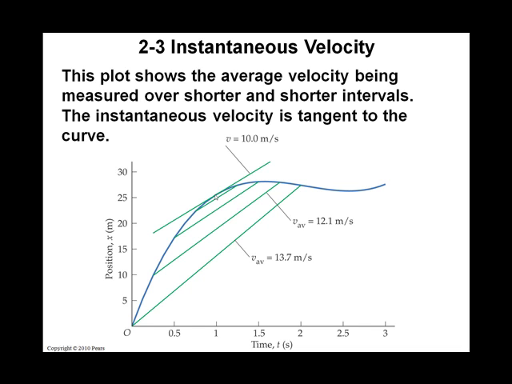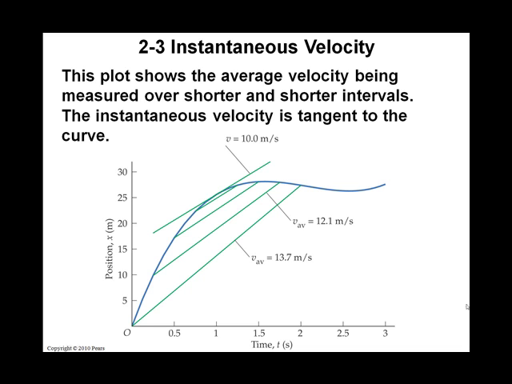The slope at one instant, or the slope of the line tangent to the curve at that instant, is the instantaneous velocity. When you look at your speedometer, you don't get a measure of your average velocity. You get the velocity at that instant in time. And it's not really even velocity, right? Velocity has a direction associated with it because it's a vector.